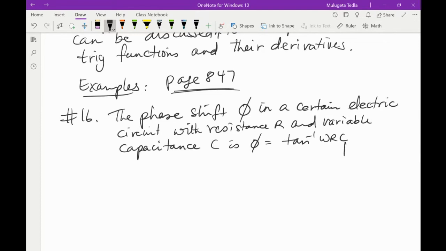Okay, so this is your variable. Be careful. These are constants.